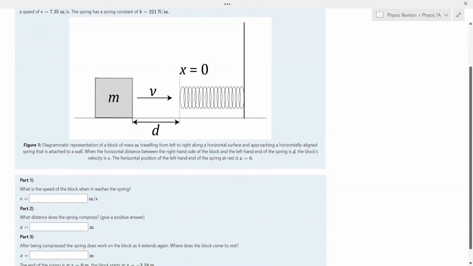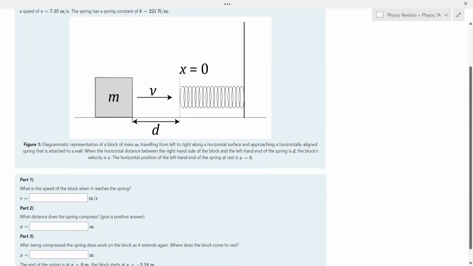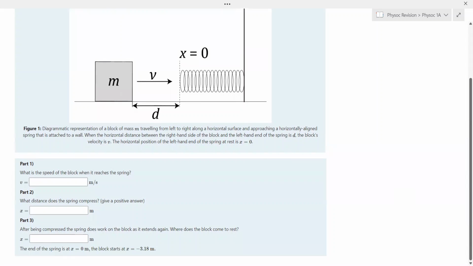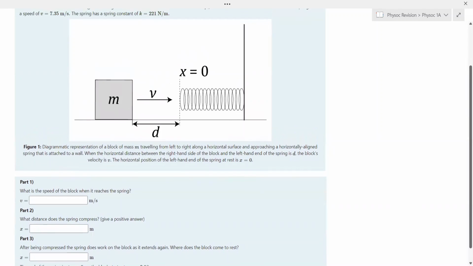Then we're going to think about the next stage of motion. How far is the spring going to compress because of this continuing movement of the mass? And then finally, after the spring's been compressed as much as it can be, how much is it going to extend back?